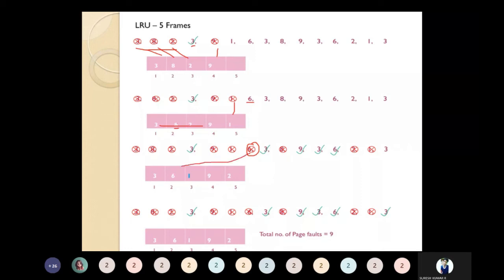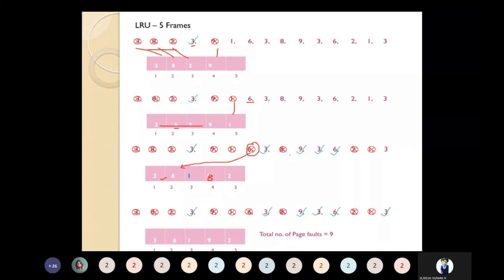Next, 3 is also present, so no need to insert it. Next, I look at the eighth page. 8 is not present, and the number not used for the longest time is 9. So 8 will be replaced here.